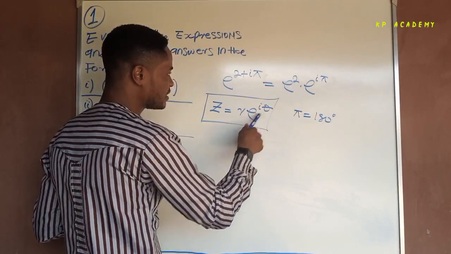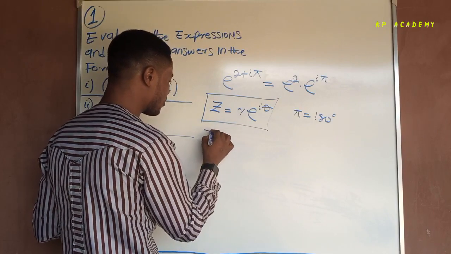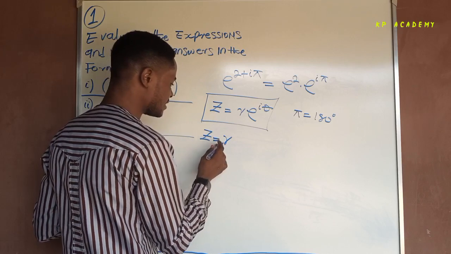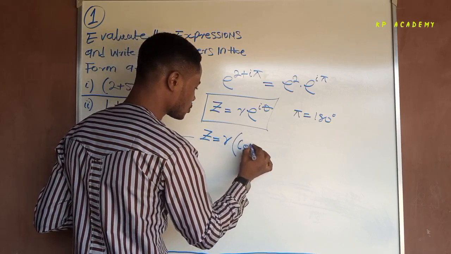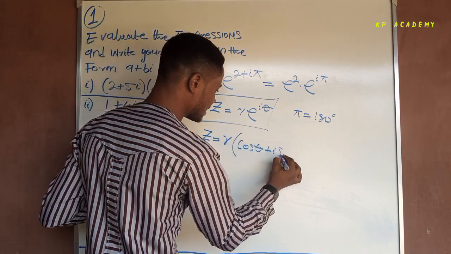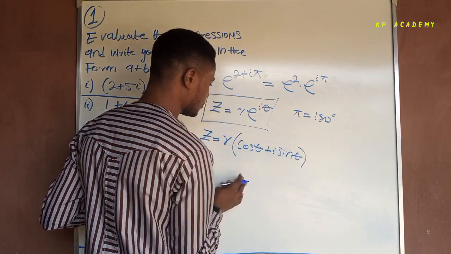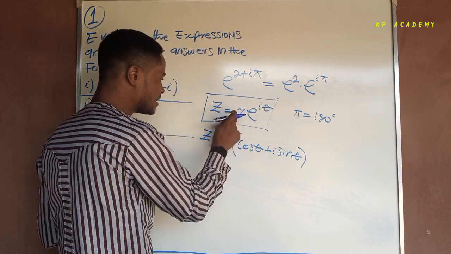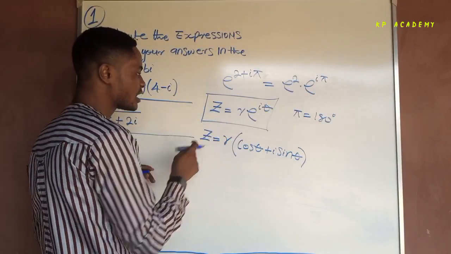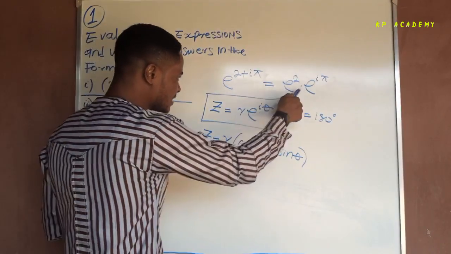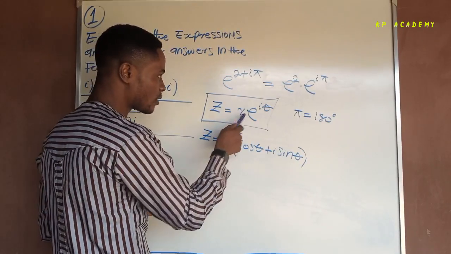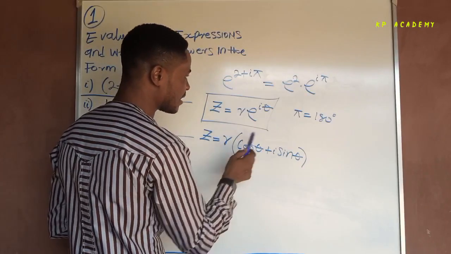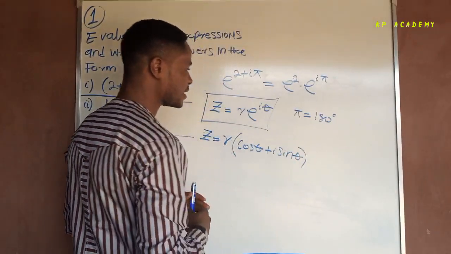Okay, so we can now say if this is equal to this, we also know another form of complex number, which is the polar form of a complex number that says that z is equal to r into cos theta plus i sine theta. So this is a form of a complex number called polar form of a complex number, and this is another form of a complex number called exponential form of a complex number. So this and this now are relatable, where r is this exponential 2 you see here, and this exponential i theta is this exponential i pi you see.